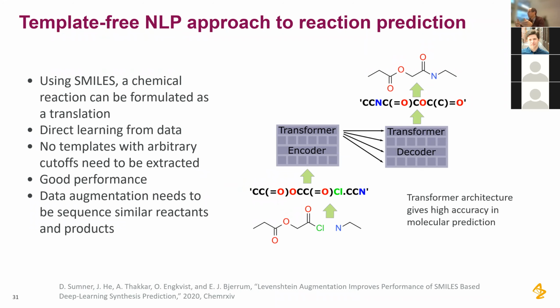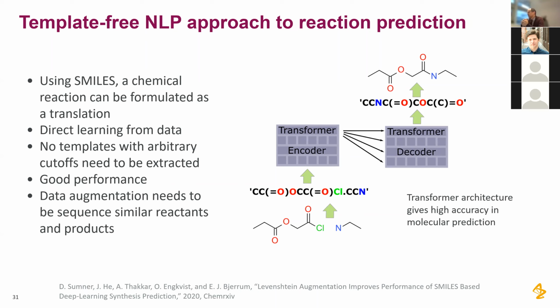In comparison, we don't need to make any choices about what part of the environment for this reaction is important. It should, in principle, start to learn to recognize this if it has seen enough examples. And it's actually quite accurate when we change to the transformer architecture.